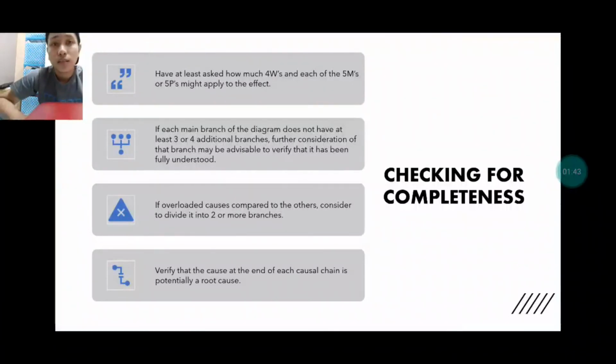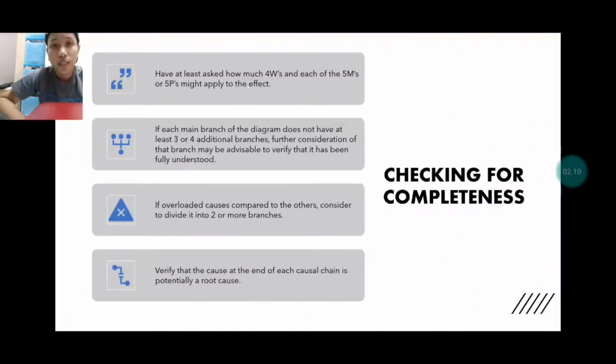Secondly, if each main branch of the diagram does not have at least 3 or 4 additional branches, the team members doing this CE diagram need to reach an understanding of why it has fewer branches, so that everyone does not misunderstand the CE diagram.